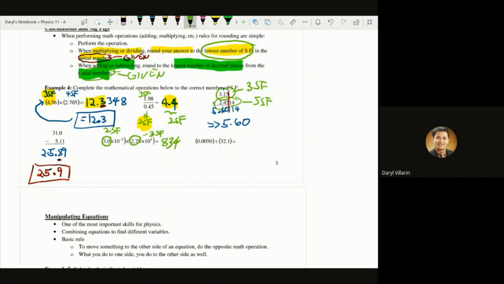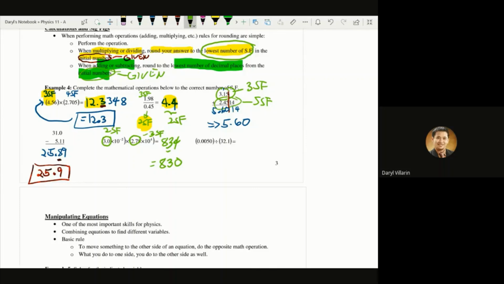But that's not your final answer because you need to express this one to 2 significant figures because this is multiplication. So that means that I should express my final answer only up to 2 significant digits, which is up to here. So if I'm gonna record this one, in our case, the zeros are insignificant. So therefore, I can write that one as 830.